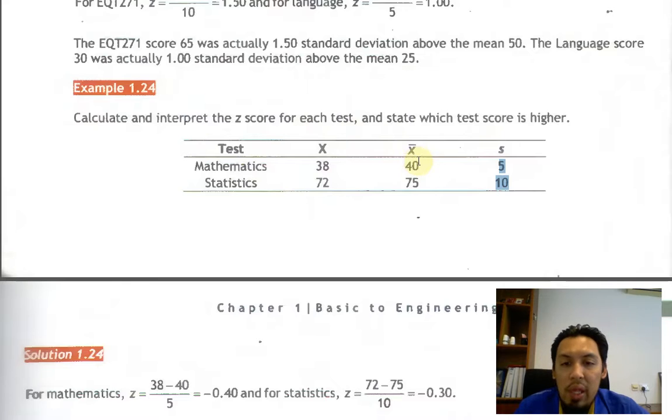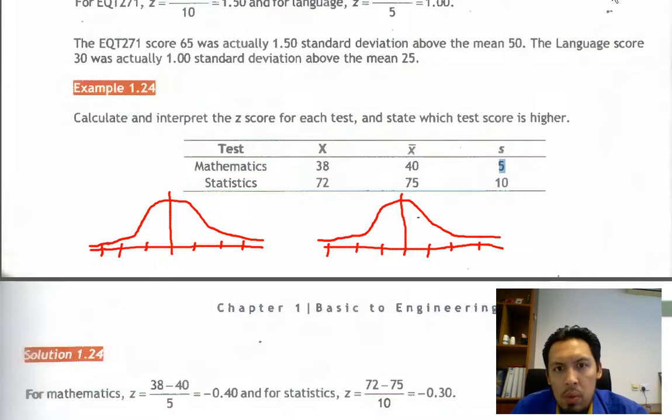Basically, for this one, they get 40 for the mean, the average score of mathematics in your class, with 5 standard deviation. As for statistics, the mean is 75 with 10 standard deviation, and we assume that the distribution of the scores for mathematics and statistics in your class is normal.